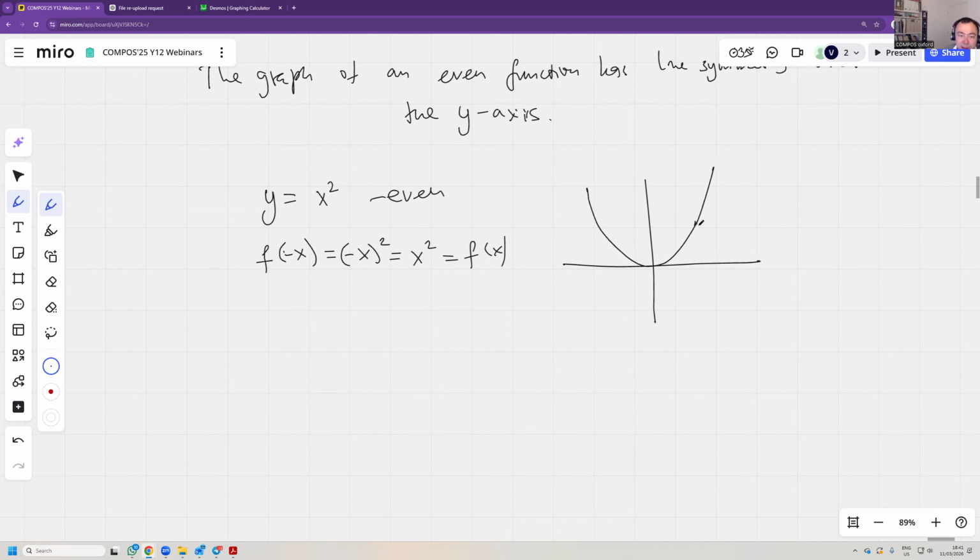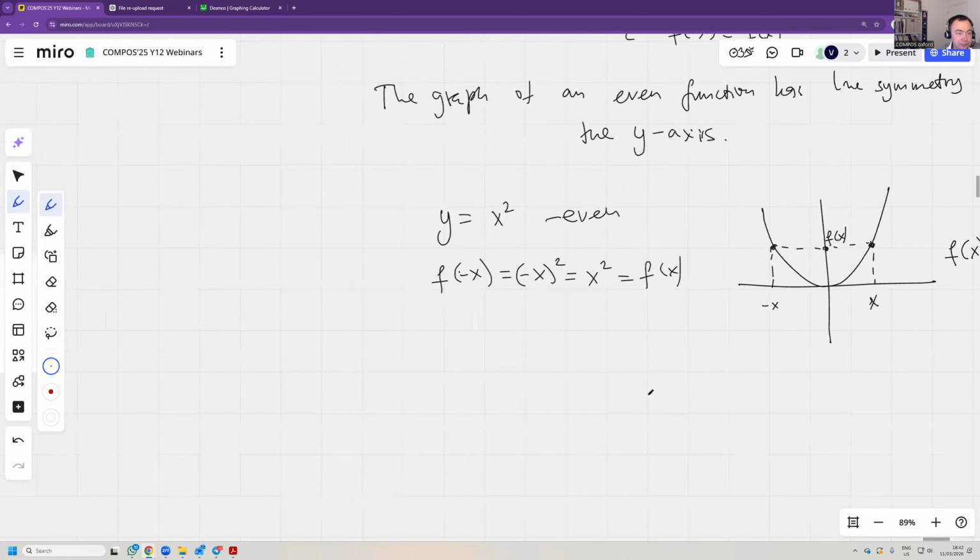You can see that the value at x is exactly the same as the value at minus x. So f of x is equal to f of minus x. That is the symmetrical graph. And also the domain has to be symmetrical, because if you take just half of the parabola, it's not an even function.